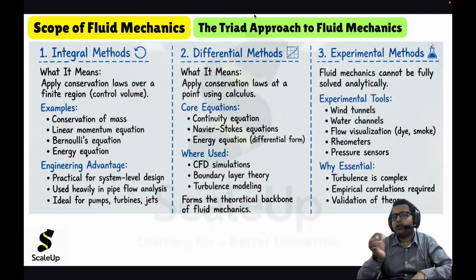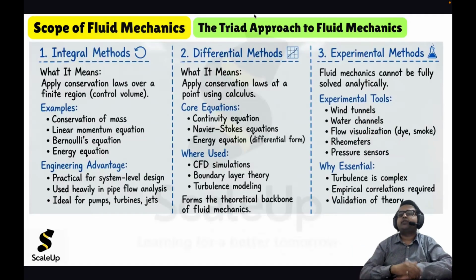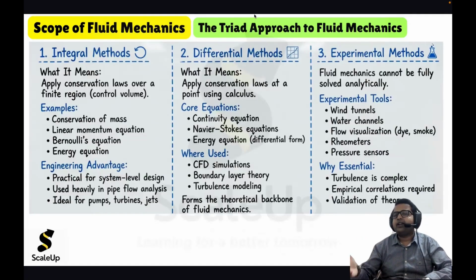And we will also make use of experimental methods, wherein whatever analysis we did and theoretical foundation we built, we will validate experimentally. We will conduct experiments, establish empirical correlations, and understand complex systems too. So that's the triad approach to fluid mechanics.